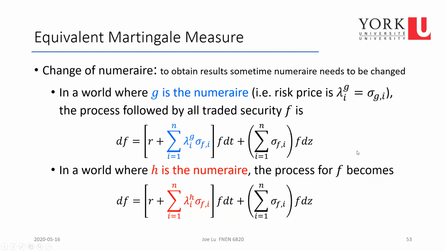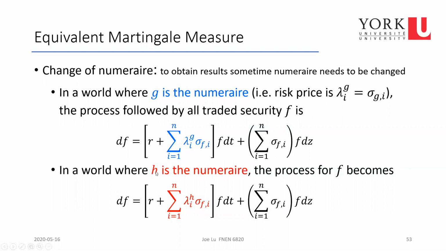So to do that, let's say initially if you use G as a numeric asset, your process under that world is that any asset dF will have a process dF, which will start with the risk-free rate plus this risk premium here, which is, as mentioned earlier, we use lambda G, basically lambda Gi here. It's basically sigma Gi as the risk price times volatility here, right?